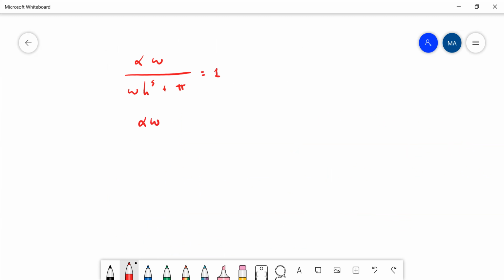From there, I have alpha W equals WHS plus pi. So I have HS being equal to alpha W minus pi, divided by W. In other words, I have alpha minus pi divided by W.